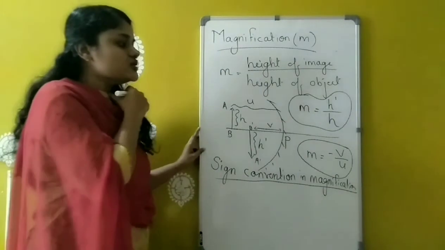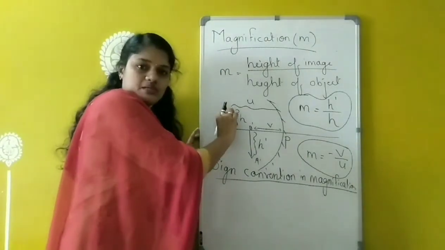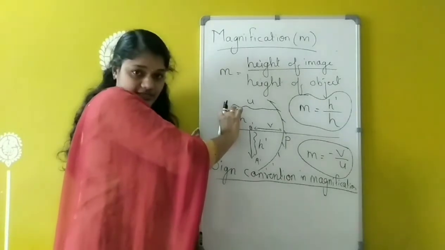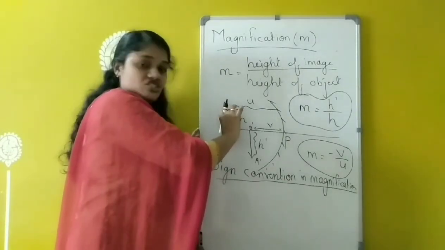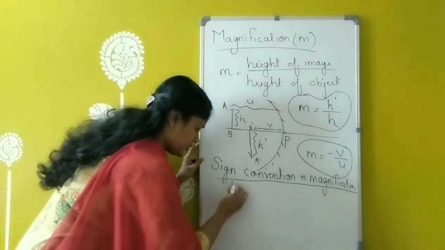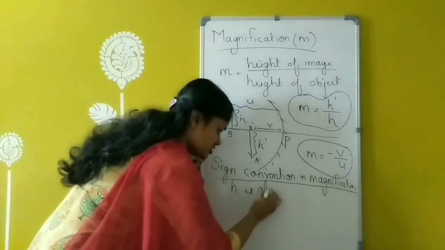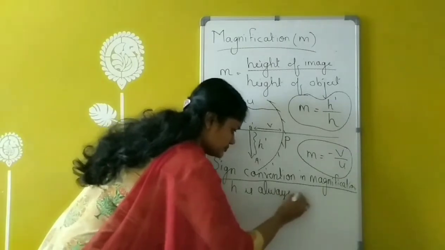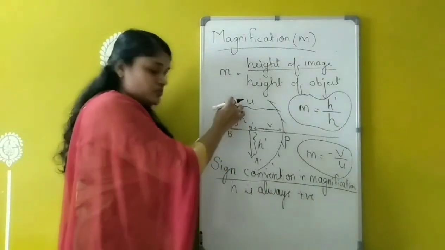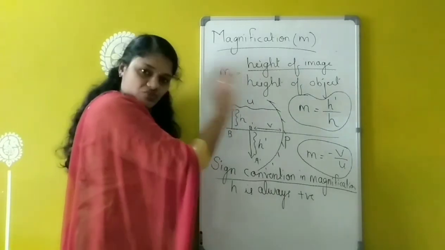Always we know that the height of the object is positive. The reason is the height measured above the principal axis is taken as positive. I already told you in sign convention, heights measured above can be taken as positive. So h is always positive.